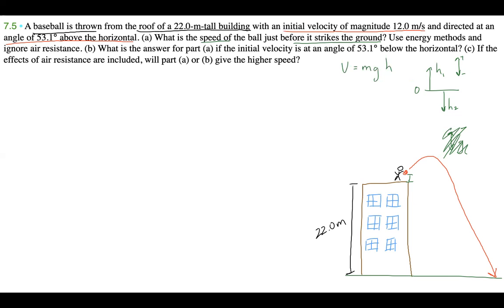That was a horrific arrow sign. A little bit better, but okay. So now let's write down all of our knowns. So our knowns are a baseball is thrown from a roof.